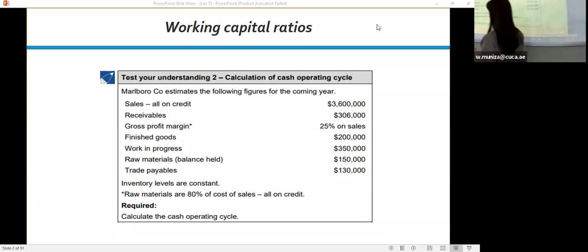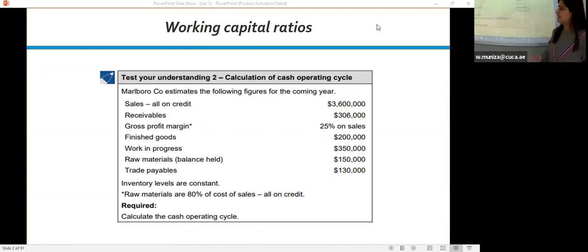The first thing to notice is that they have given all 3 types of inventory. So we are going to calculate the finished goods holding period, work in progress holding period, and raw material holding period separately. We add all of those together with the receivables collection period, and deduct the payables payment period to calculate the cash operating cycle. So one by one, we are going to go for that.